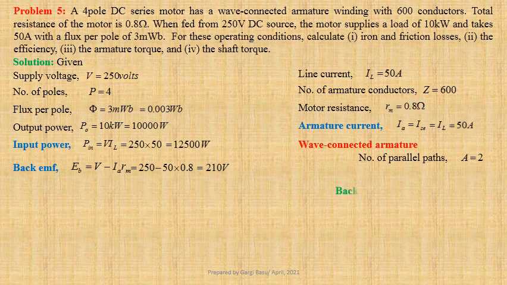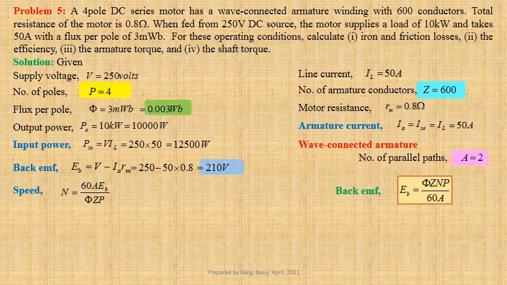Expression for back EMF EB equals phi Z N P divided by 60A. Therefore, the expression for speed will be N equals 60A EB divided by phi Z P. Using values, we get 60 into 2 into 210 divided by 0.003 into 600 into 4.